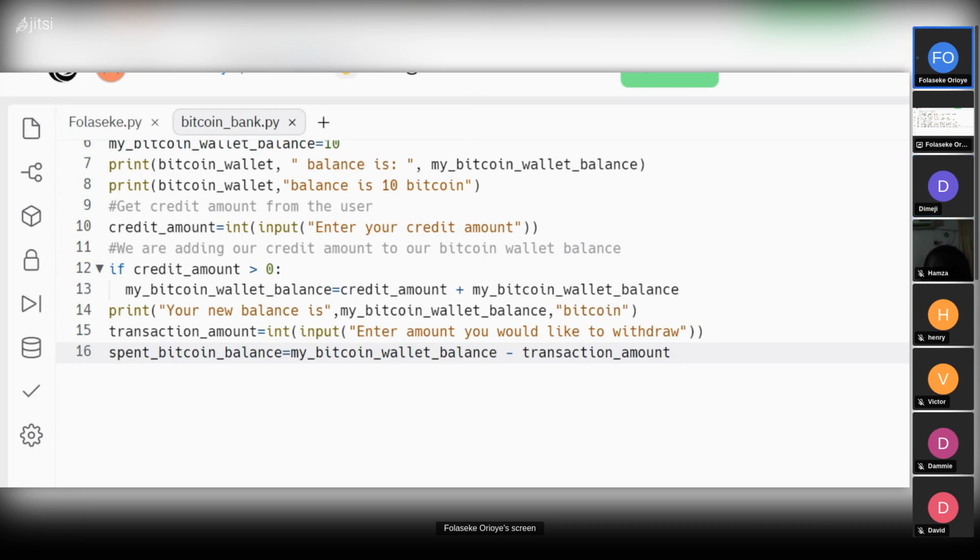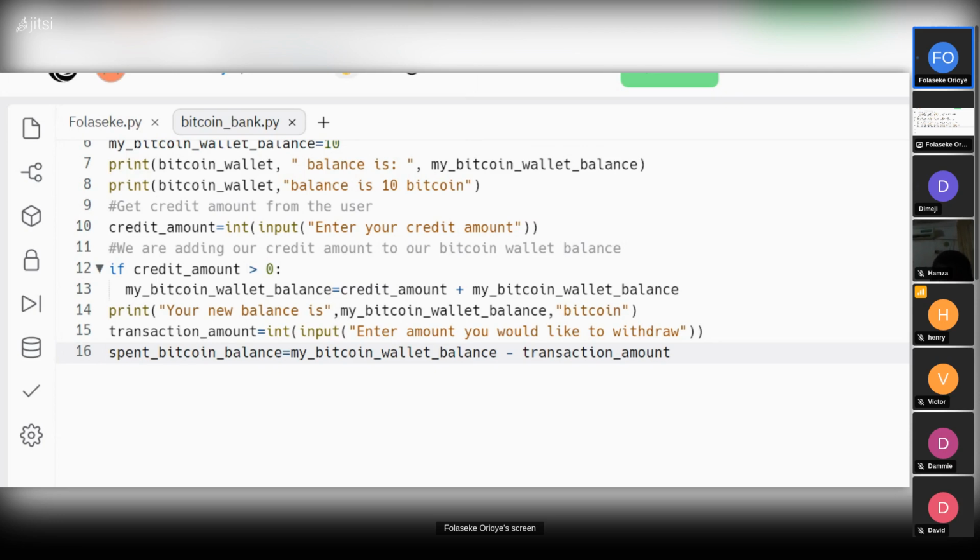Now, Falashike, look at line 13. What did we try to do on line 13? We were trying to add the 1,000 naira that the person just entered to what we have before. Am I correct? Yes, sir. Can you interpret line 13 for everybody? If the 1,000 naira is greater than zero, that's true, right?